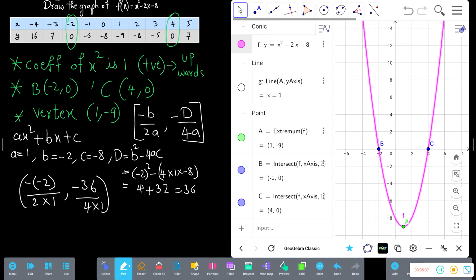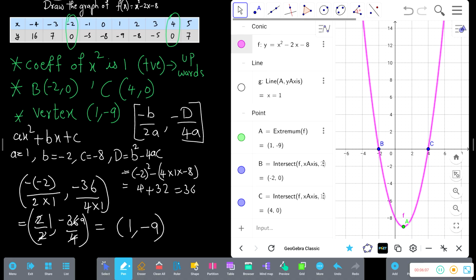So minus into minus is plus, this becomes 2 by 2 and minus 36 by 4. The 2s cancel, you will get 1; 4 nines are 36. This becomes 1, minus 9. So this is called the vertex. The bottommost point of the parabola will be called the vertex. Okay, so this is one important point.